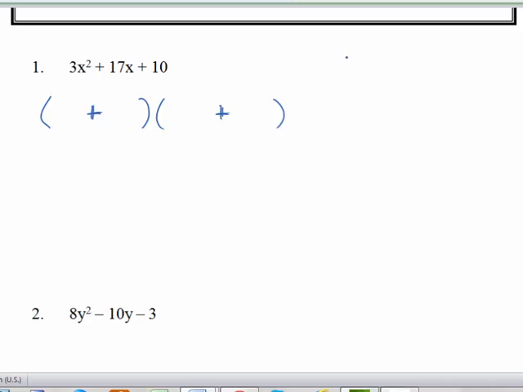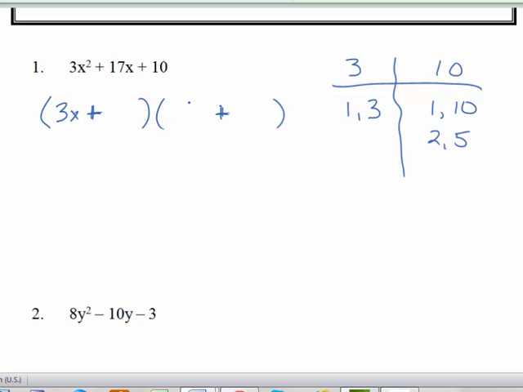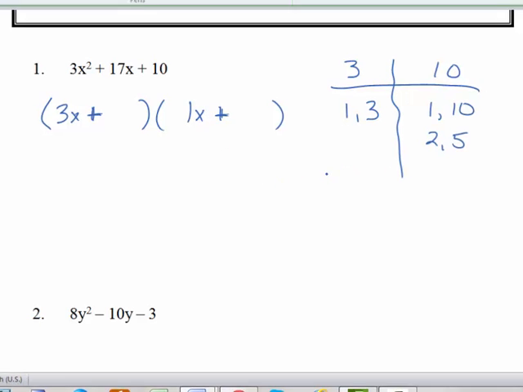We have the number 3 and the number 10. The only possibility for 3 is 1 and 3, and there are two possibilities for 10, 1 and 10, and 2 and 5. Because 1 and 3 are the only possibilities, this first part has got to be 3x, and the second part has got to be 1x. The order really doesn't matter. We'll deal with that in a sec.